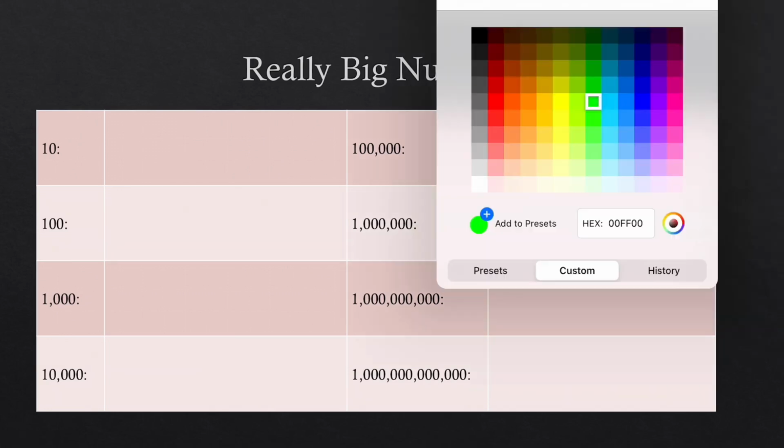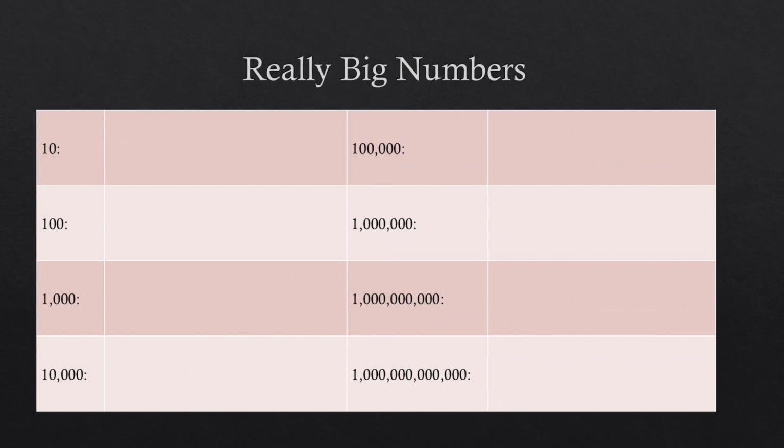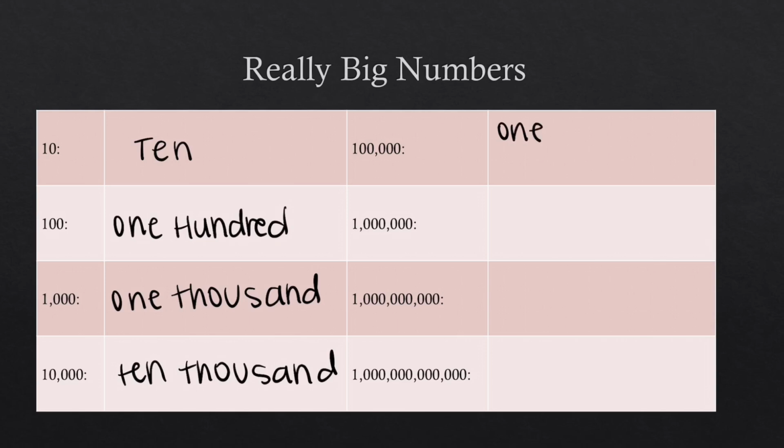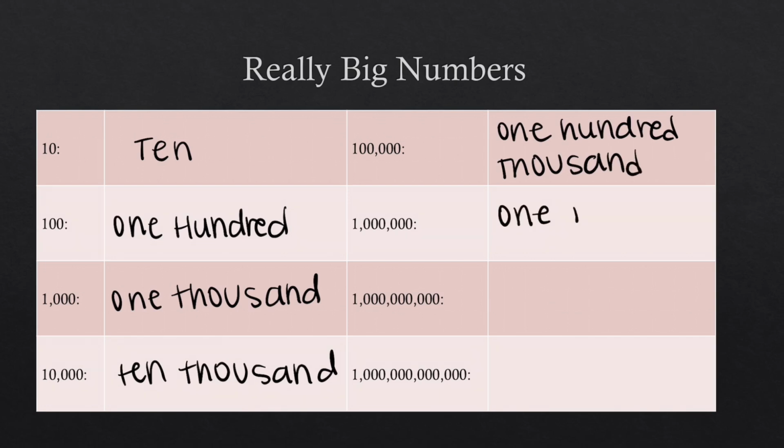So let's remember really big numbers and what they're called. We have 10, 100, 1,000, 10,000, 100,000, 1,000,000, 1,000,000,000, and 1,000,000,000,000.